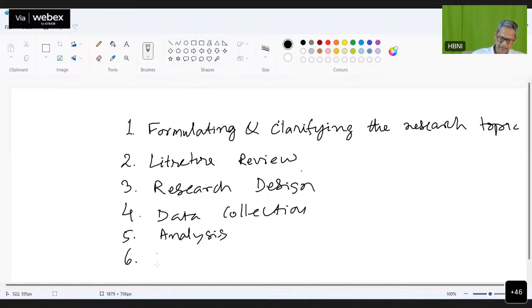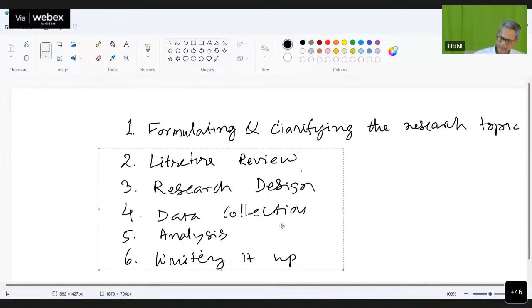And sixth, writing it up. So your research methodology consists of all these six steps. So today we will focus on the first step, how to formulate and clarify a research topic. So that will be our today's topic.